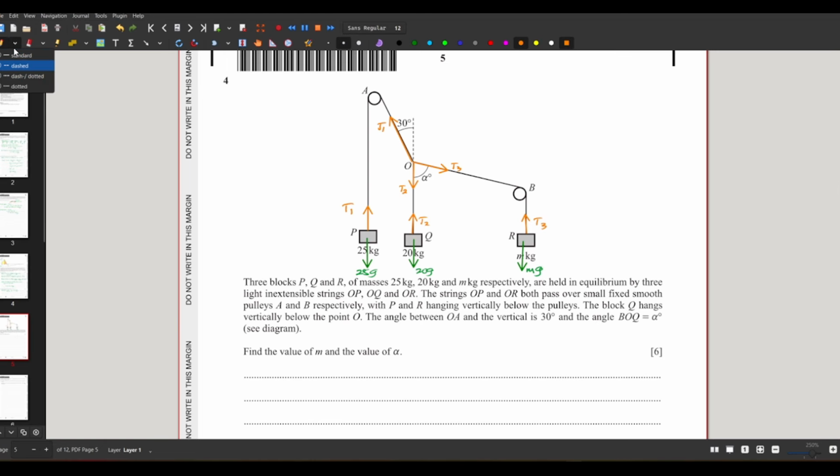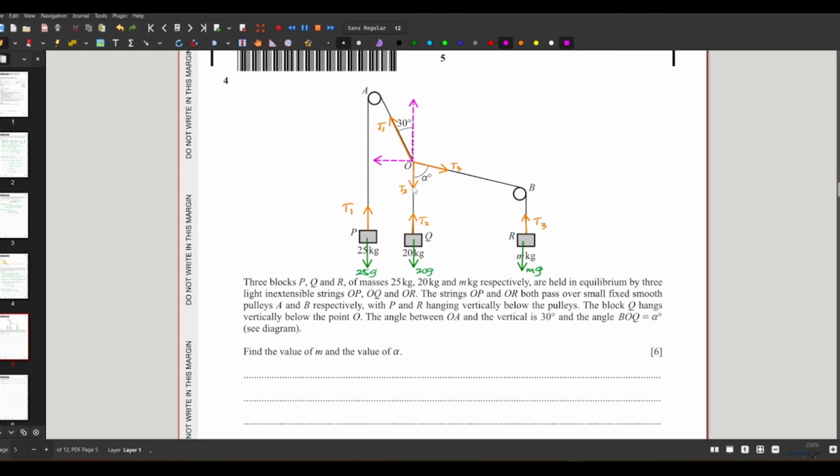Now you should take the components. Okay, so with T2, there's no other components because T2 at point O is vertical. So we don't need to take any components. But if we take T1, yes, with T1 we have this vertical component and the horizontal component.